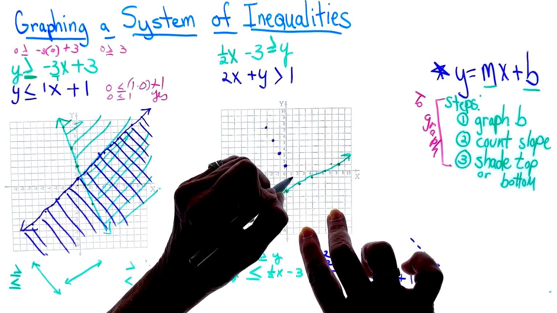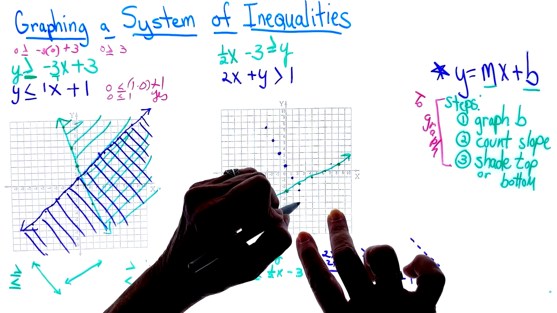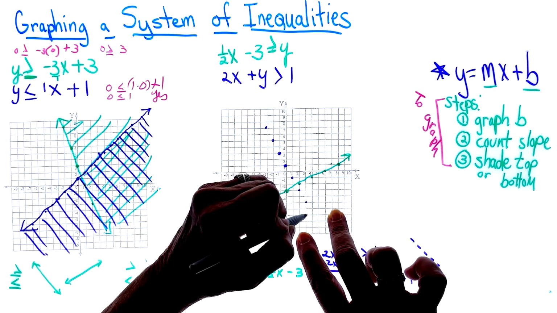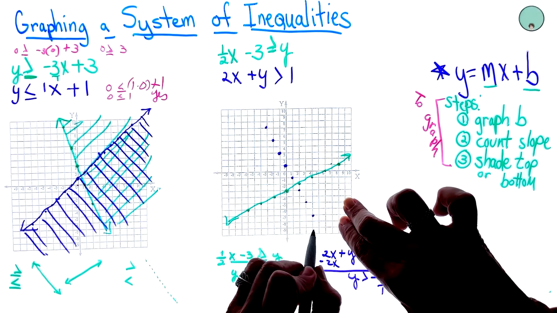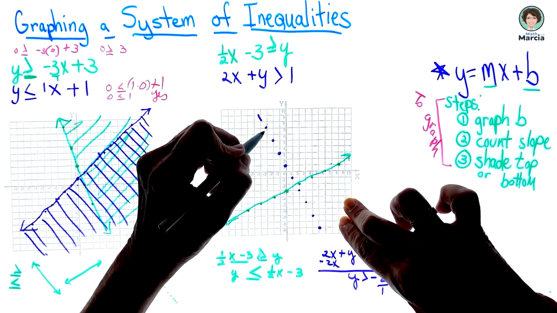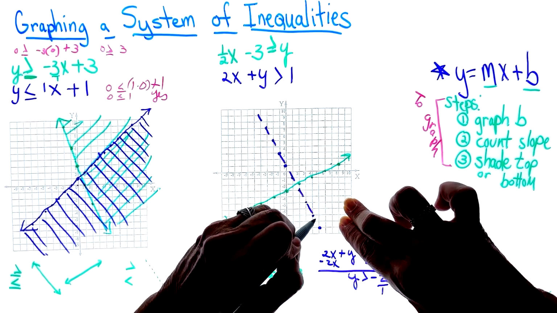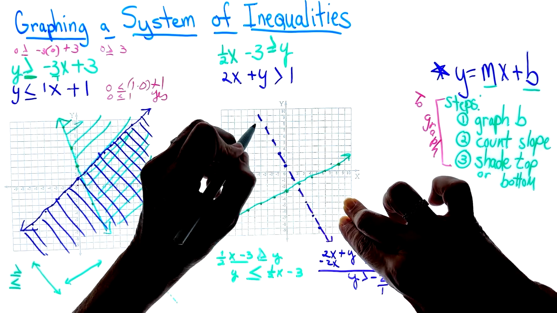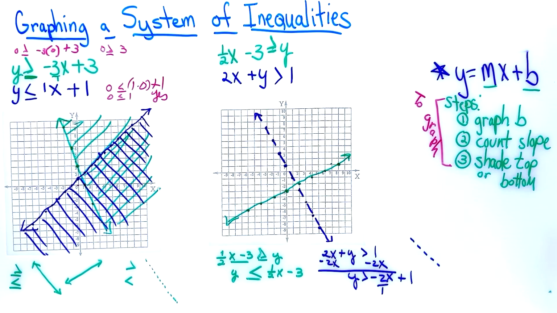Down 2 over 1, down 2 over 1, down 2 over 1. Let's do one more. Down 2 over 1. When I'm drawing my line, remember, it must be broken. Those are our two lines.